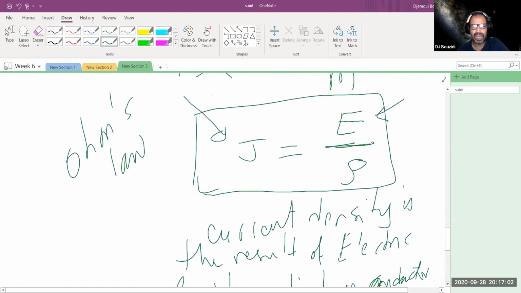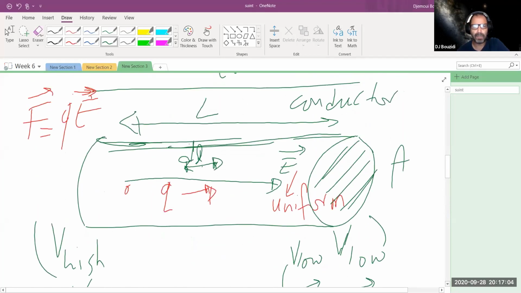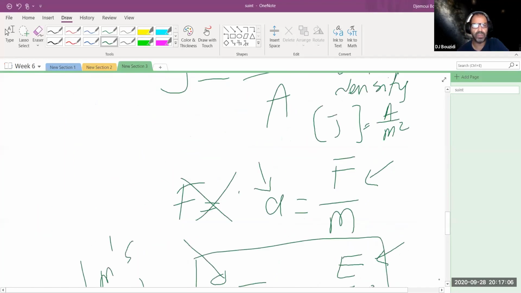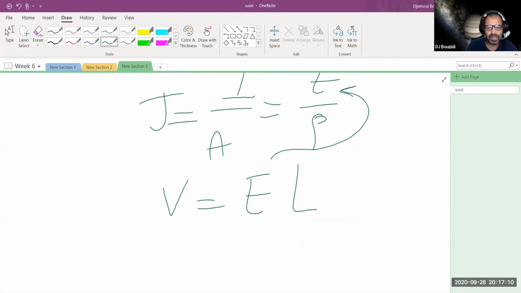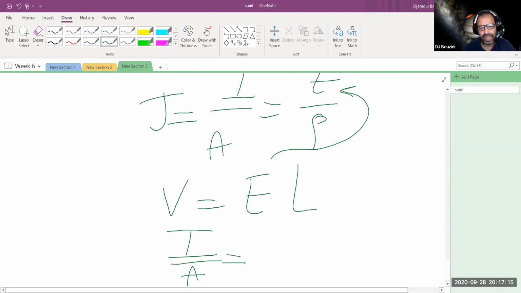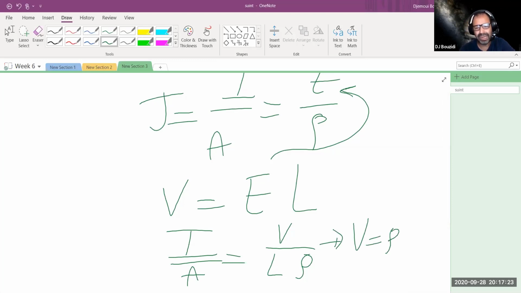Because the whole thing is, you get a battery, you establish a potential difference, and you will see a current running through the whole thing. So I'm going to sub the value. Basically, this is where we're at: I over A is equal to E, which is V over L, divided by rho. Rearrange this expression, and we can write it as V is equal to rho times L over A times the current.